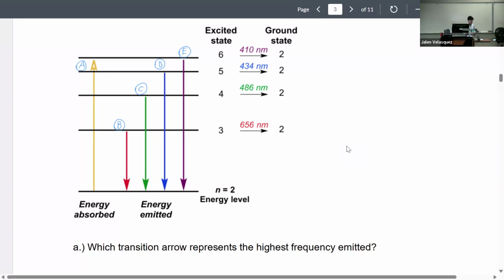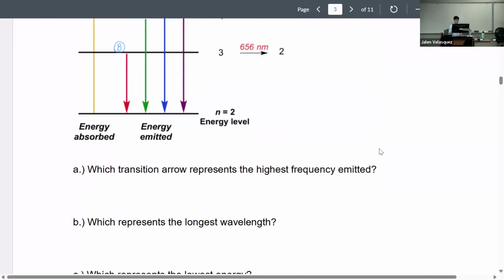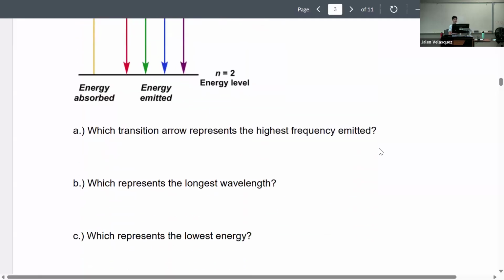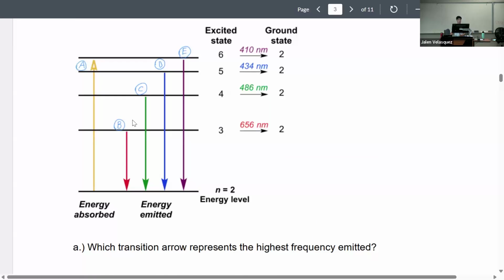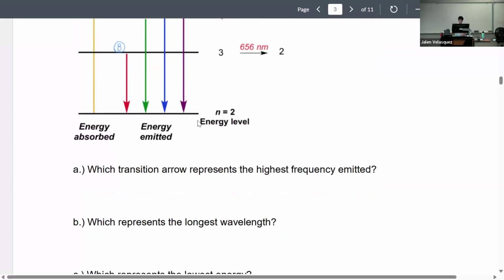All right, are we good to go through this? So for part A, we can do the answers first and I'll explain. Which transition arrow is representing the highest frequency emitted? We think B, you say? Anybody have anything else? It's going to be E. Good.